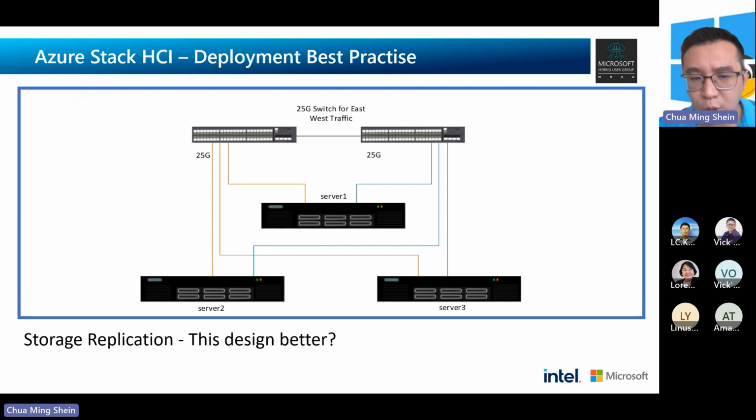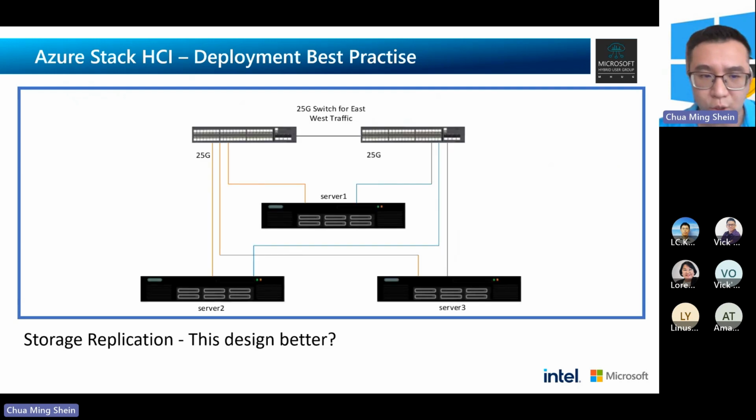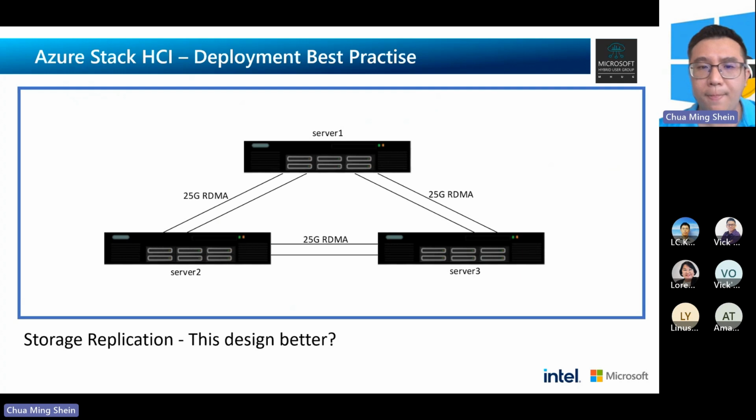For those, you can deploy switchless. If you can, I would suggest that you use switchless compared to using a switch. Why? If you use switchless, it means less dependency, which means less problems. I hope you agree with what I say.